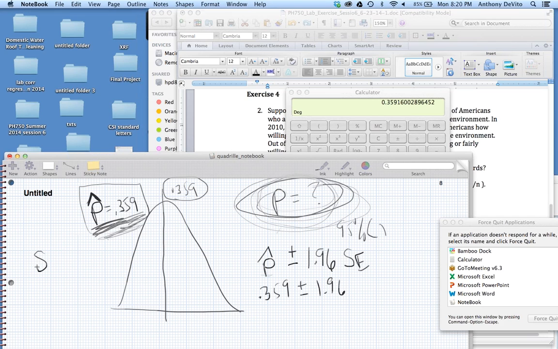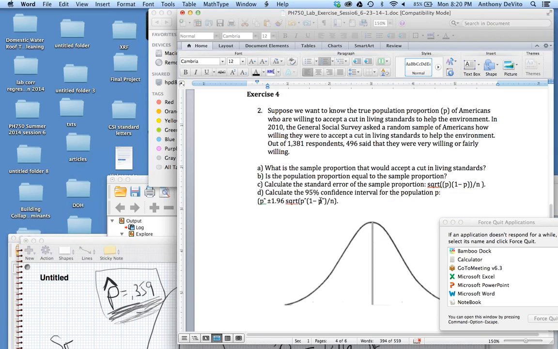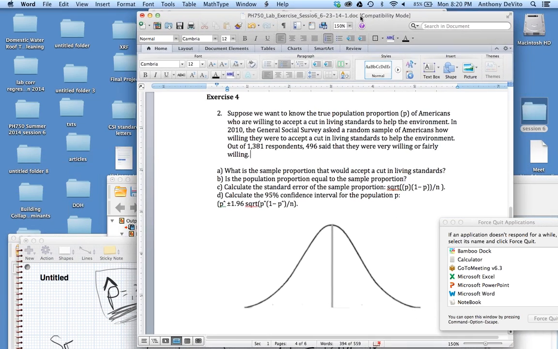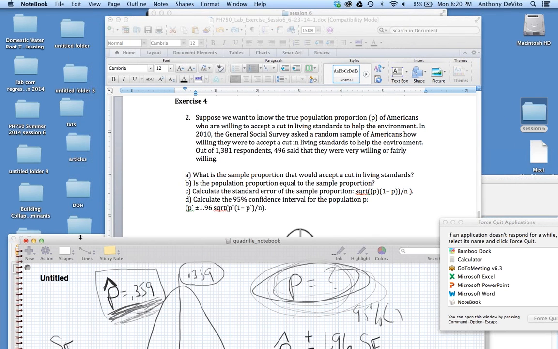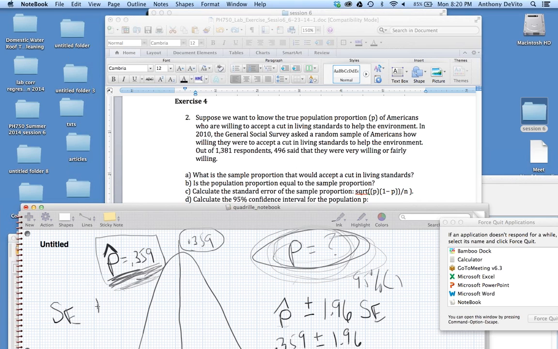So I need a way to calculate the variability in this situation, where I sampled 1,381 people. That's my sample size. And I added that 496 were going one way and the remainder were going the other way, right?